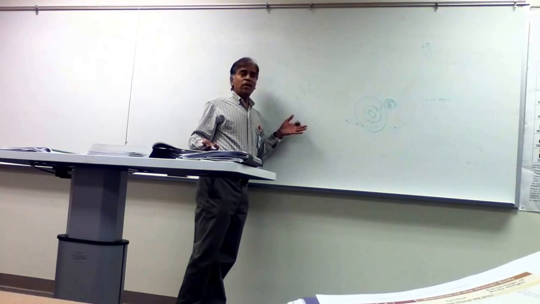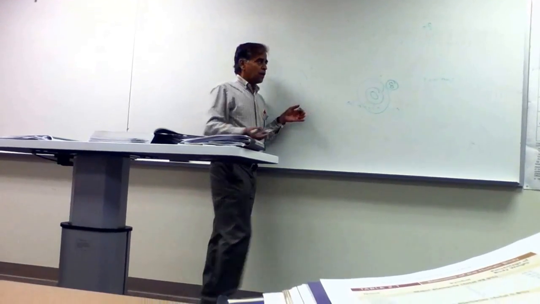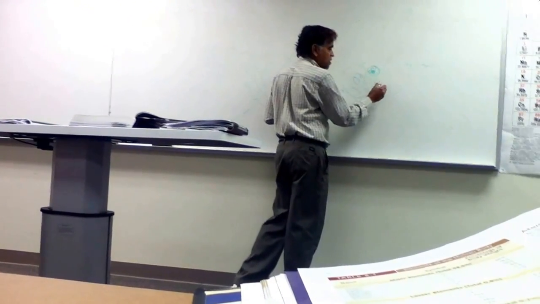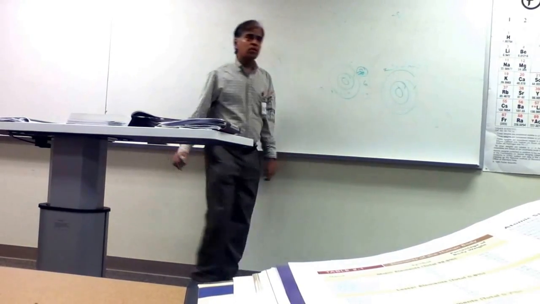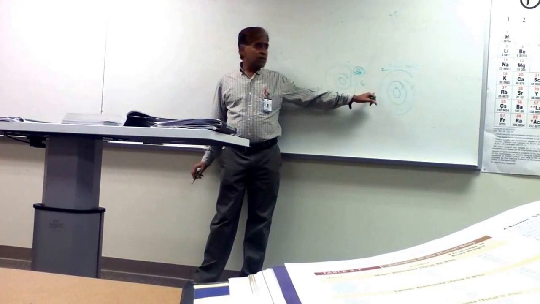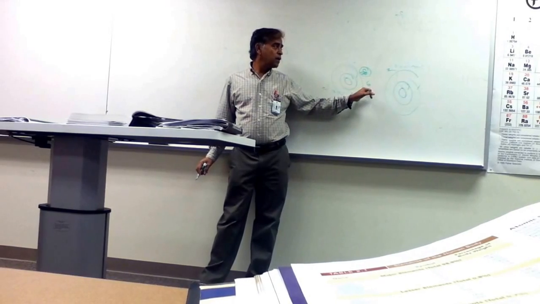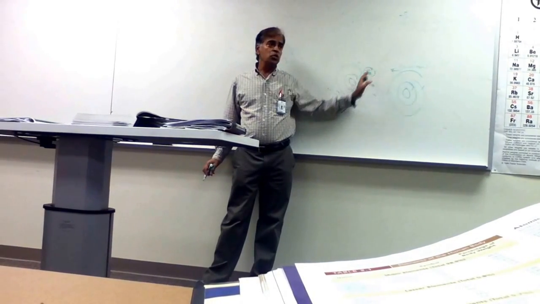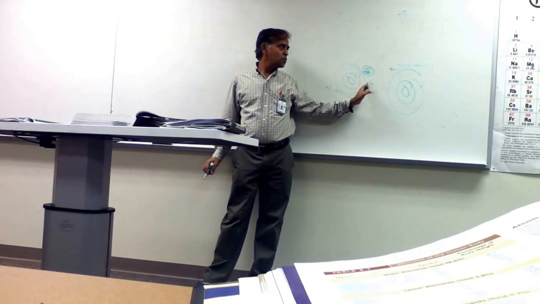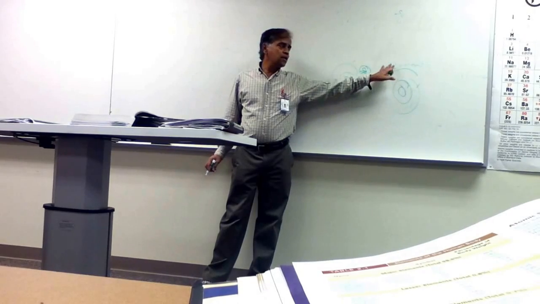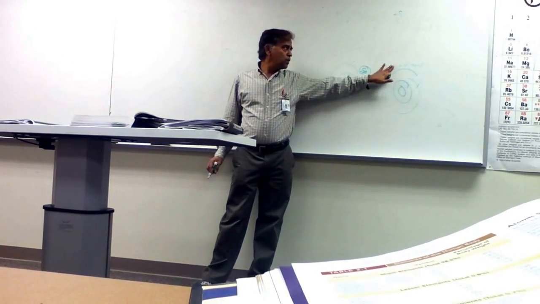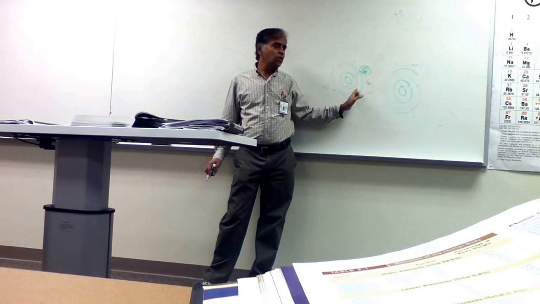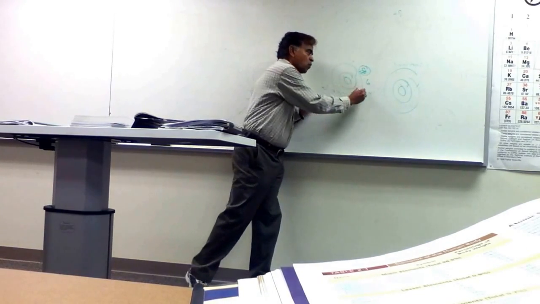Okay, so when it is not 8, let's say one has like 6 and another element has like 2, the tendency of these atoms is either this would like to grab these 2 or this would go there. But it's easier to grab 2 than pull all the 6 over here. So this will tend to lose these electrons and they will jump over here.